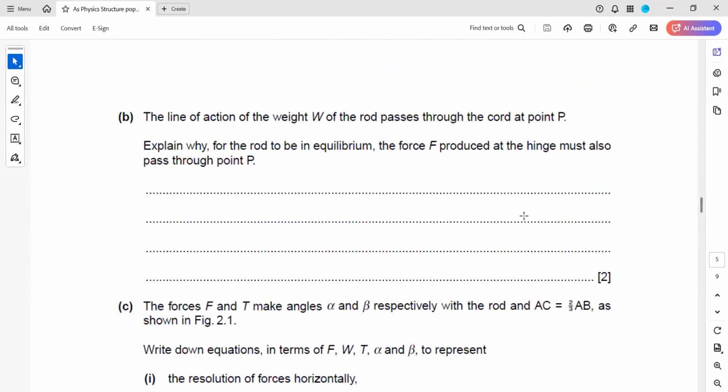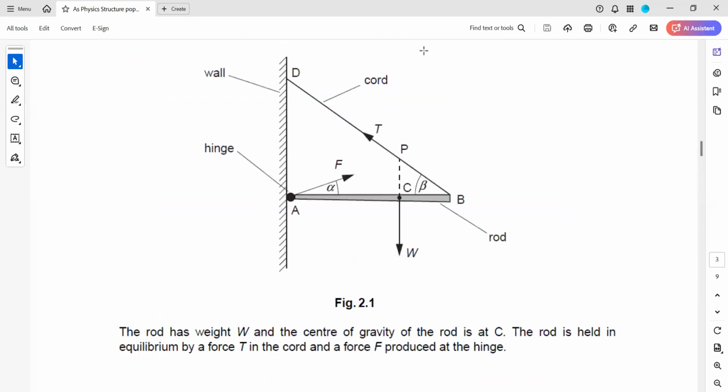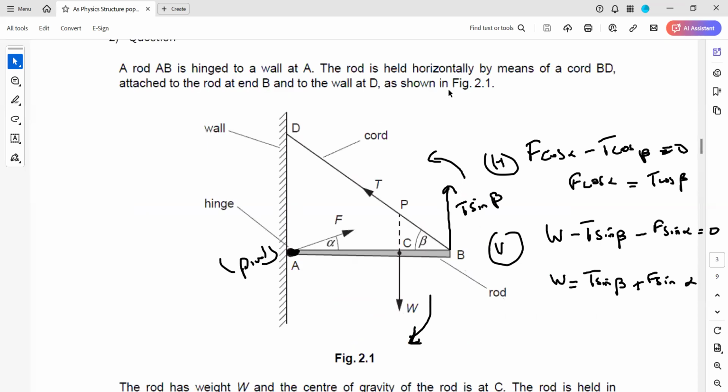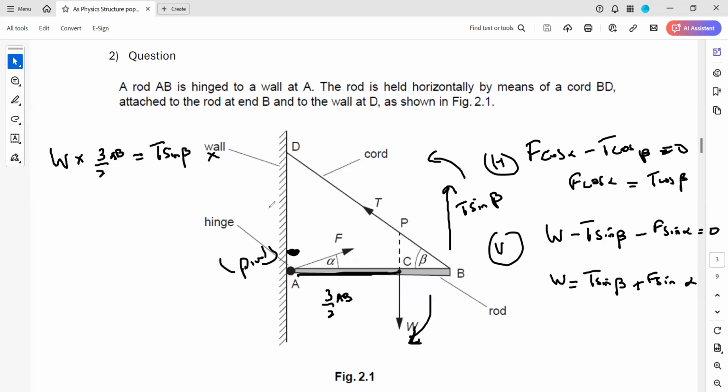Length AC is 3 by 2 of AB. So when we calculate the turning effect, the clockwise one will be weight multiplied by 3 by 2 of AB, the distance from the pivot, and the force T sine beta multiplied by its distance from the pivot. The distance from the pivot is AB.